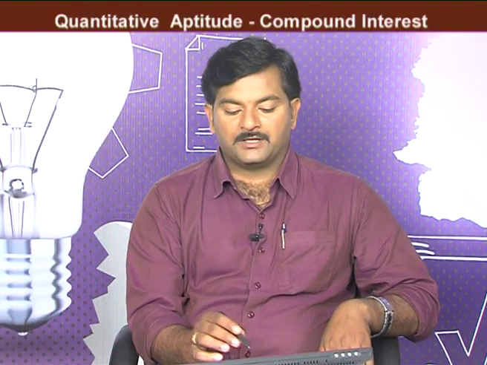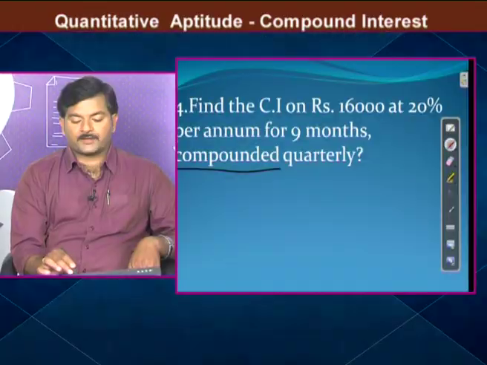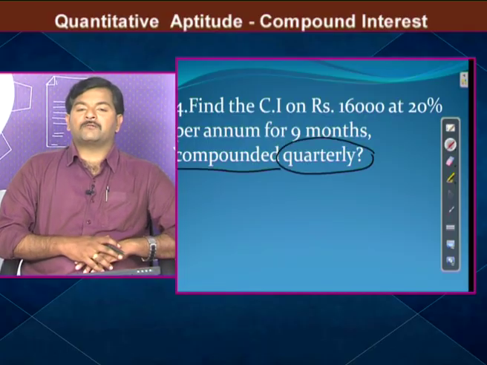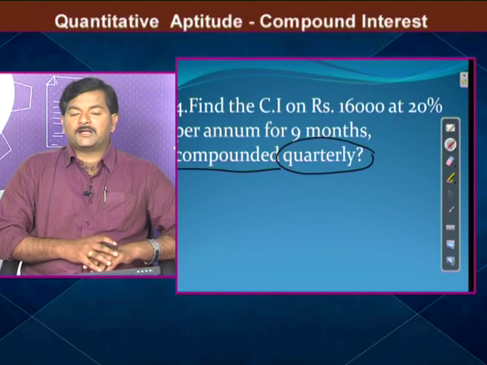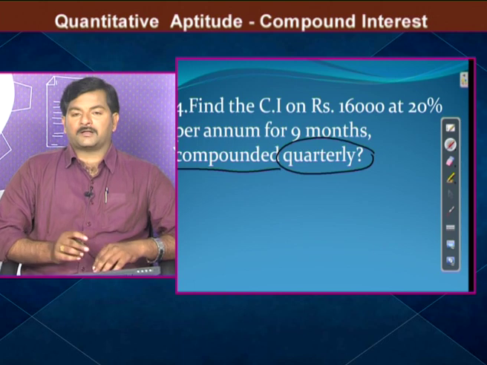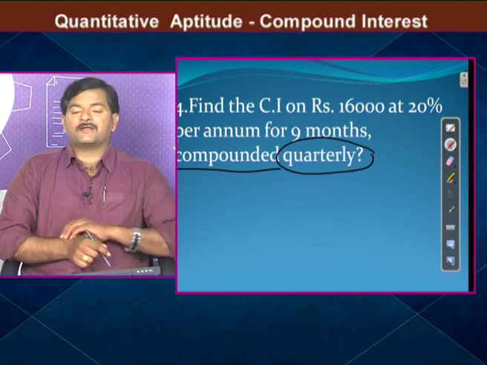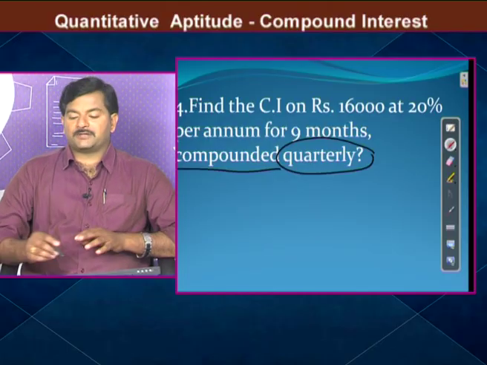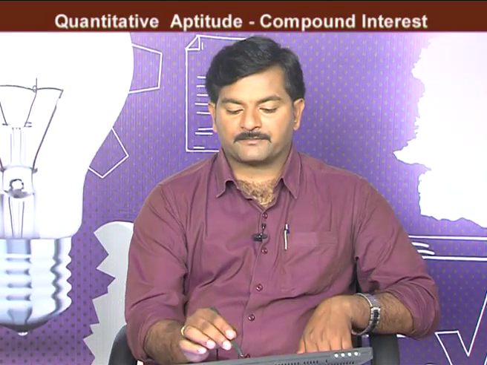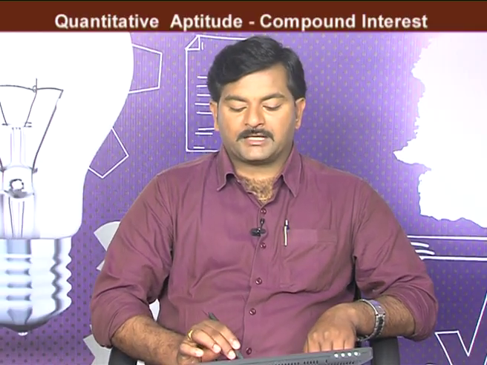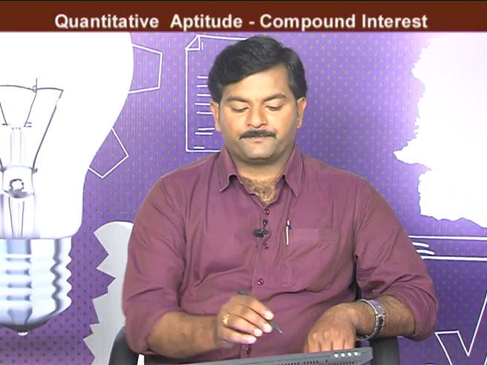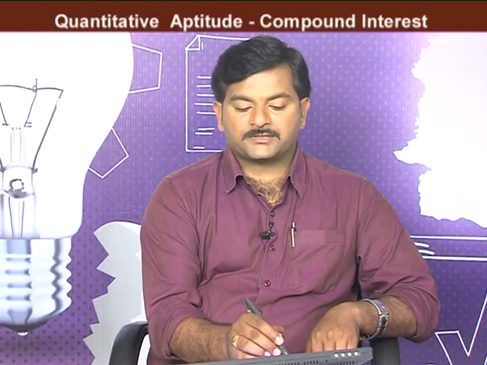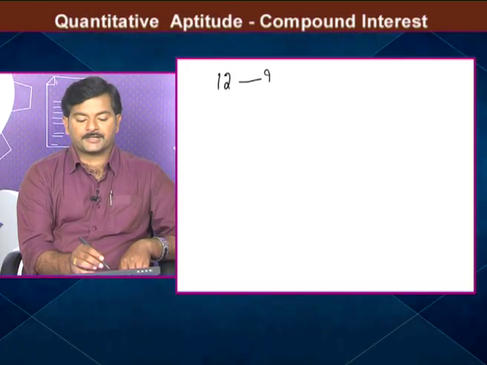In this question, since the amount is being compounded quarterly, the rate of interest also should be for quarterly. He gave the yearly rate of interest, that is the 12 months rate of interest. So yearly how much he gave? 20%. For 12 months the rate of interest is 20.